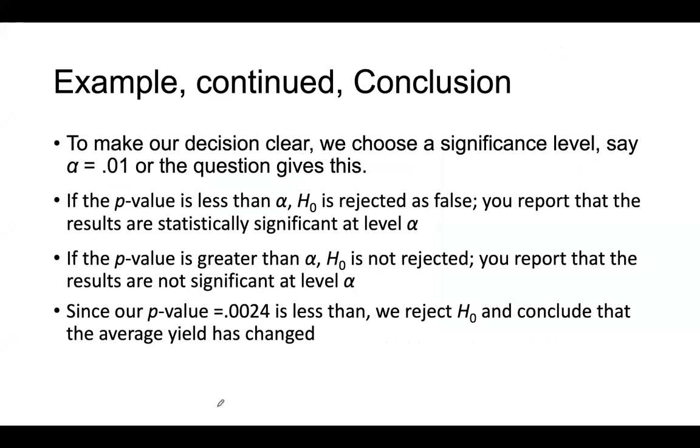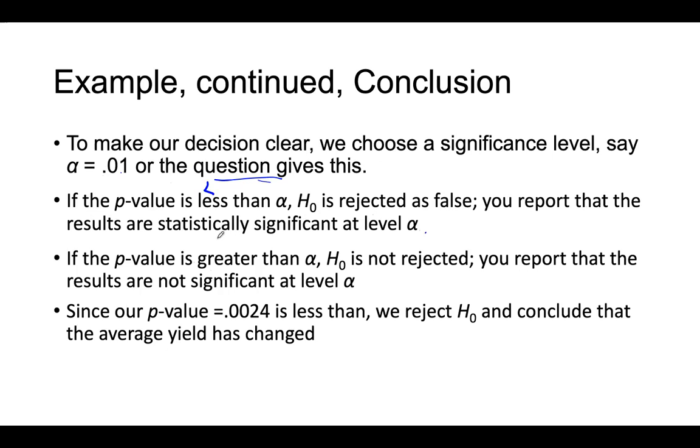Very, very small. So to make our decision clear, we can choose the significance level, or the researcher can give this in the question. Let's say alpha is equal to 0.01. If this p-value is less than alpha, this null hypothesis is rejected as false, and you report that the results are statistically significant at that level alpha.